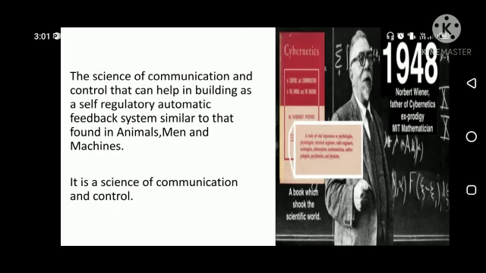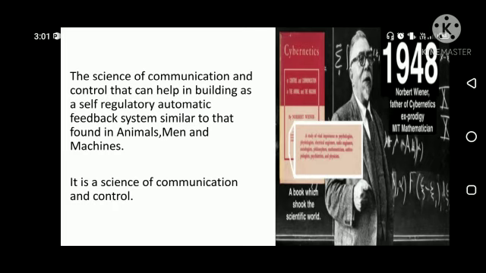But it was Norbert Wiener in 1948 who wrote the mathematical foundation of cybernetics in a book, and he defined cybernetics as the science of communication and control that can help in building a self-regulated automatic feedback system similar to that which is found in human beings and animals.